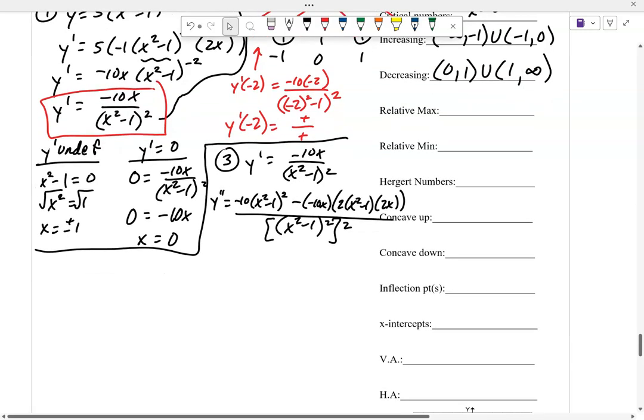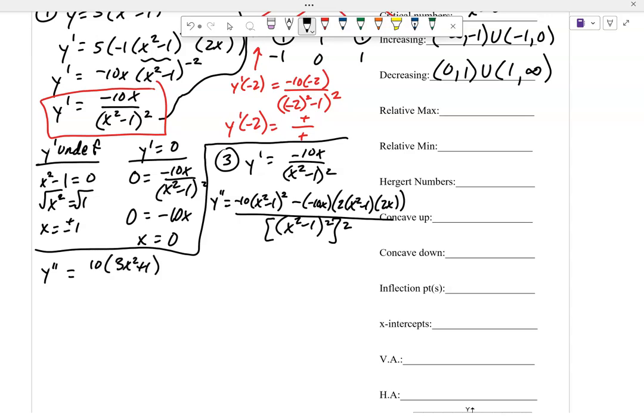If you clean all this up, y double prime will end up being 10 times 3x squared plus 1, all over x squared minus 1 to the 3rd power.